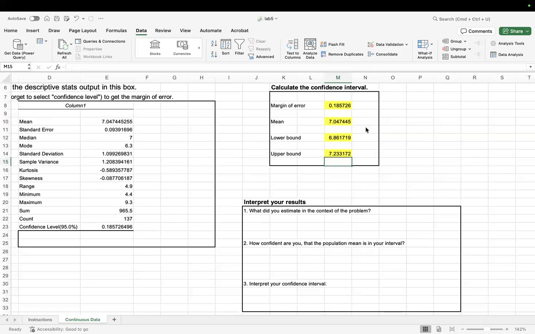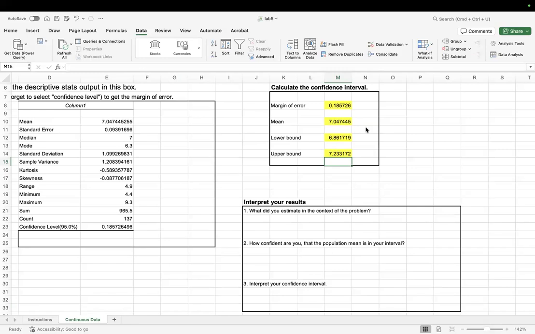So I am estimating the mean earthquake, the actual mean magnitude of earthquakes in the world. So whatever your data is, you're estimating the actual average of that. Don't put any numbers in there or anything yet. You're just telling me what you're estimating. You are estimating a mean, estimating the population mean.